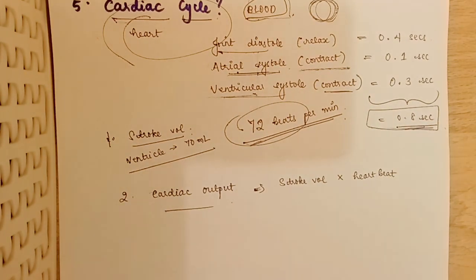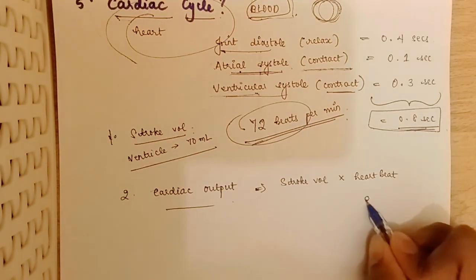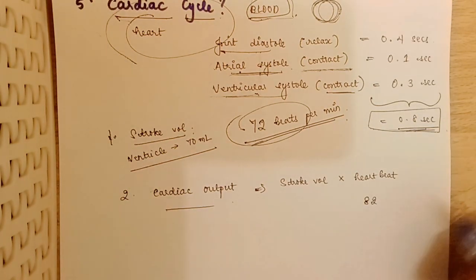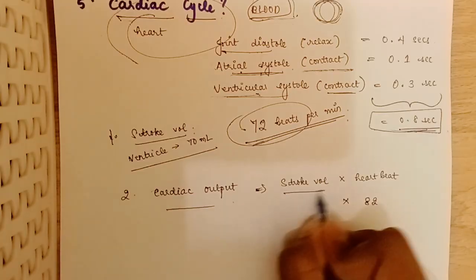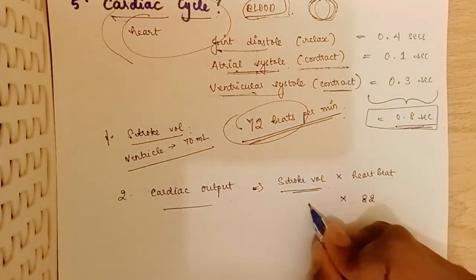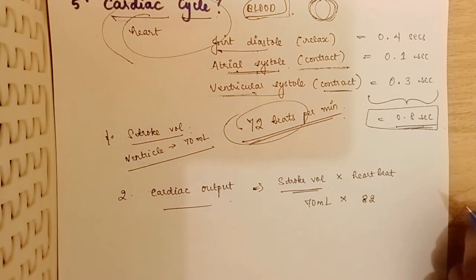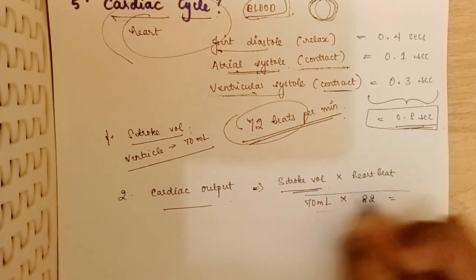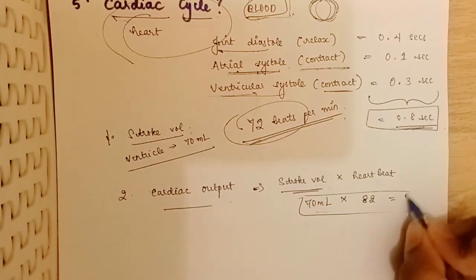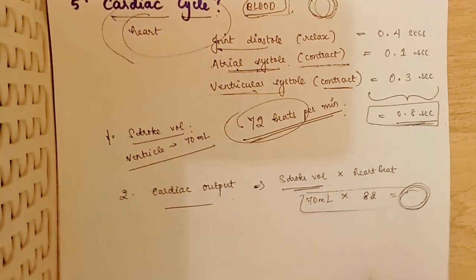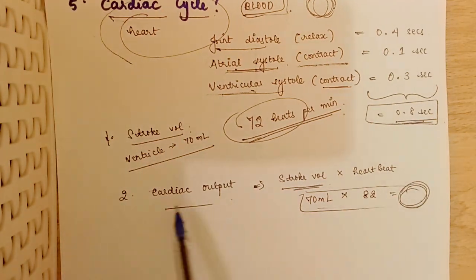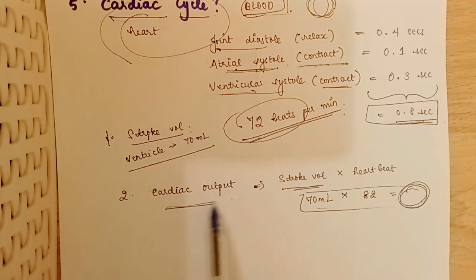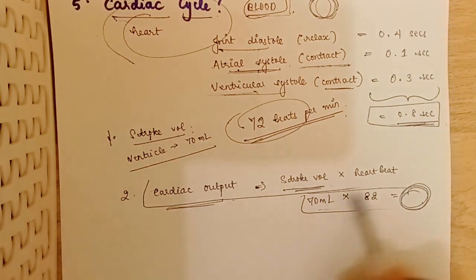So, if the heartbeat of a person is 82 times per minute and you multiply it with the stroke volume of 70 milliliters, this won't be asked as a question, but I'm just giving you an example. This equation will give you the cardiac output. You just need to know what the stroke volume and cardiac output are, and this formula.